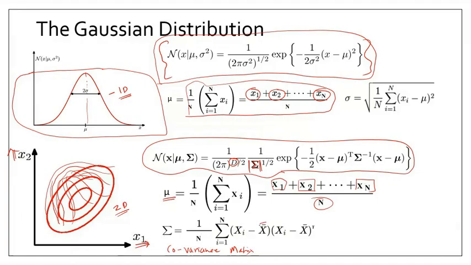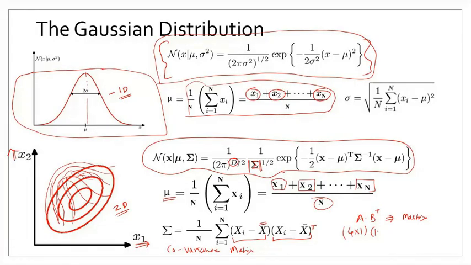And this is computed like this: xi minus x, where x is the mean vector, into xi minus the mean vector, transposed. So these two things are vectors and one is transposed here, that means A into B transpose. This is going to be a matrix. Suppose A is of dimension 4 by 1, that is 4 rows and 1 column, and B is also 4 by 1.